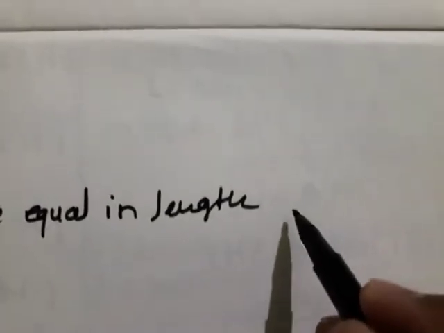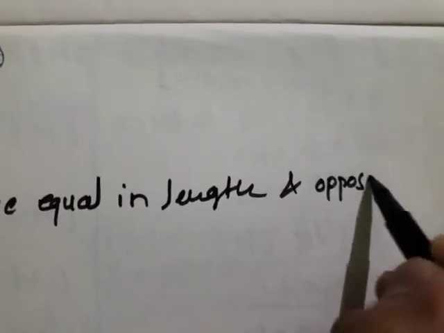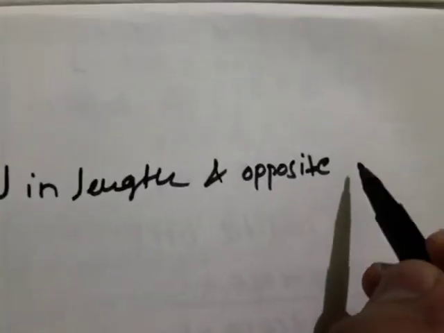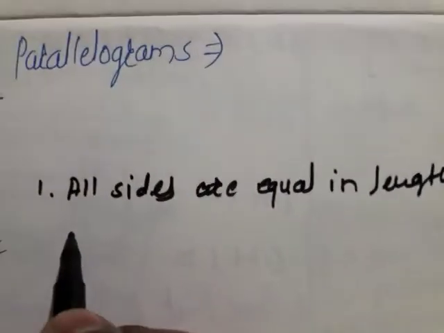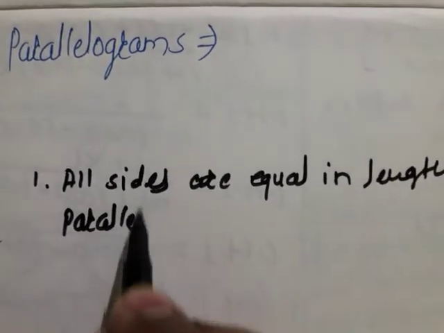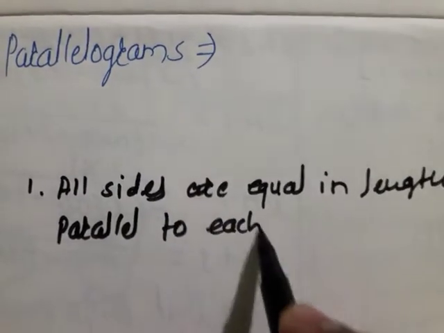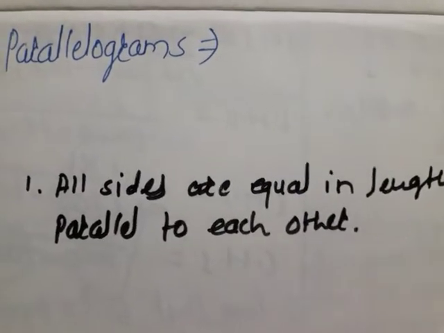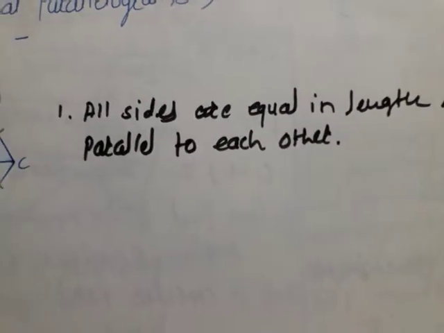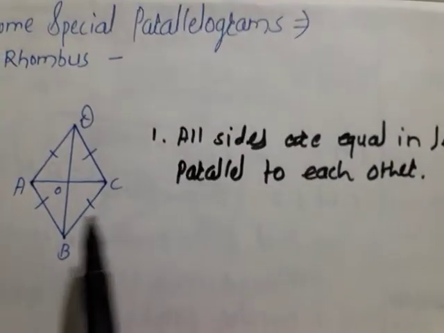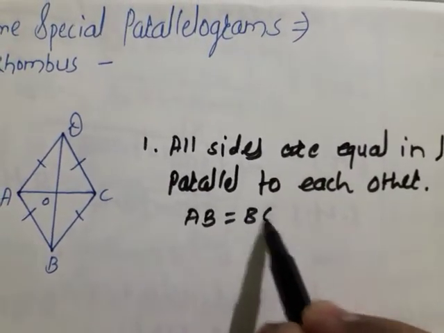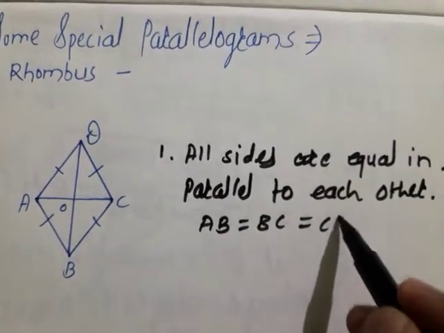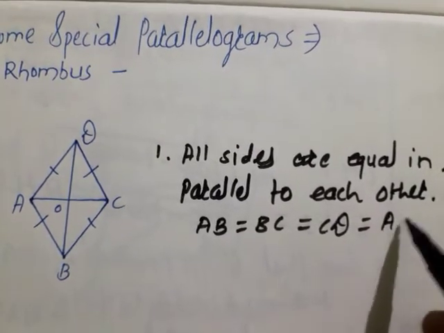Opposite sides are parallel to each other. Here in this rhombus ABCD, we can say AB is equal to BC is equal to CD is equal to AD.